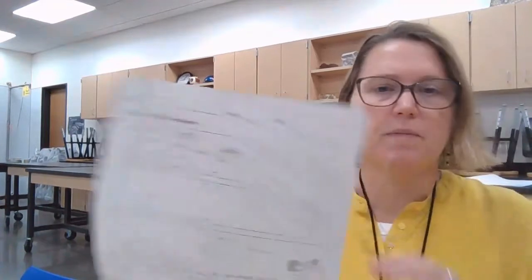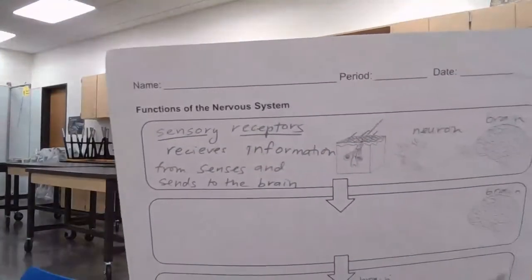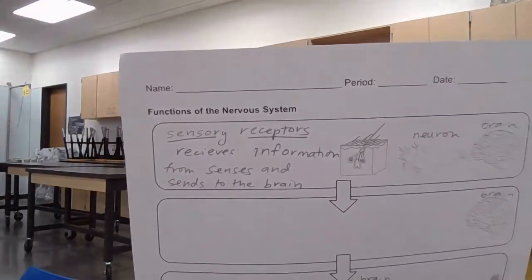Receives information from senses and sends to the brain. Okay, so we receive information from the senses and put it to the brain.